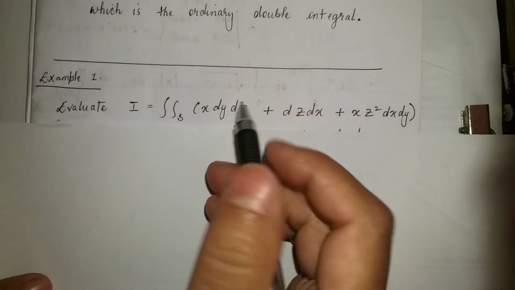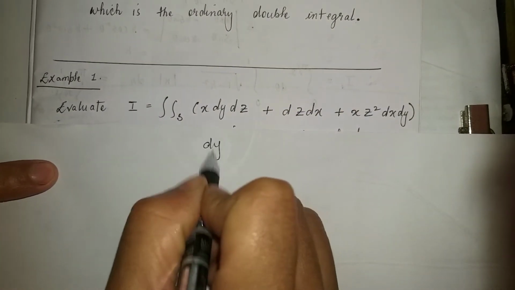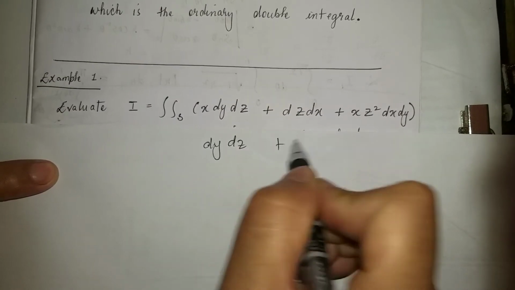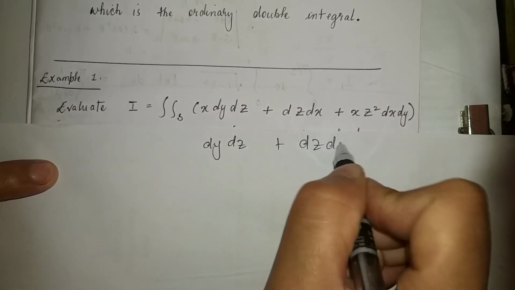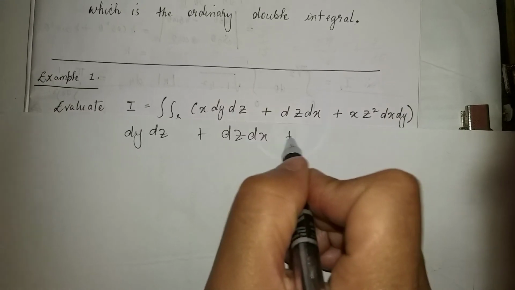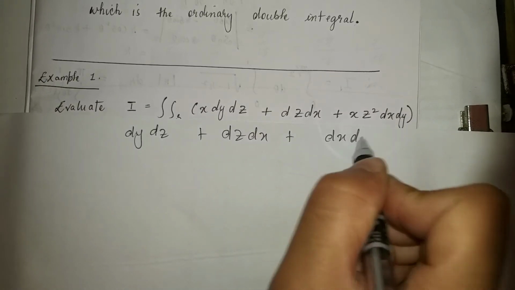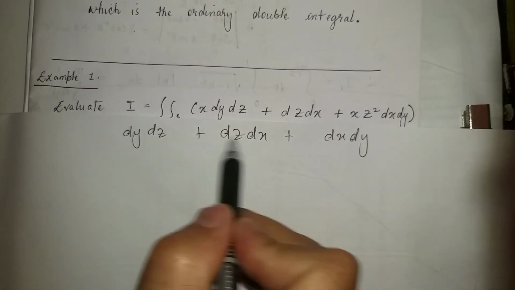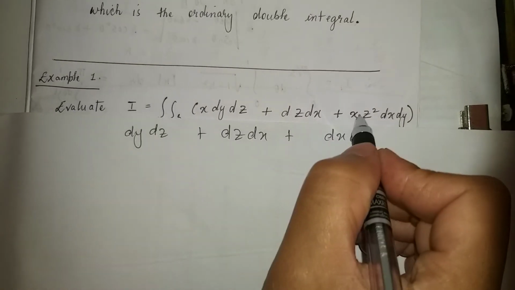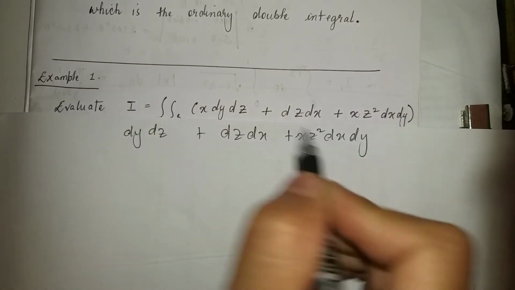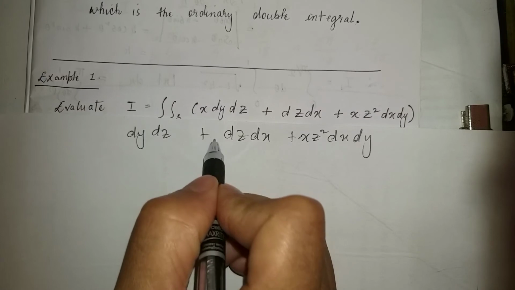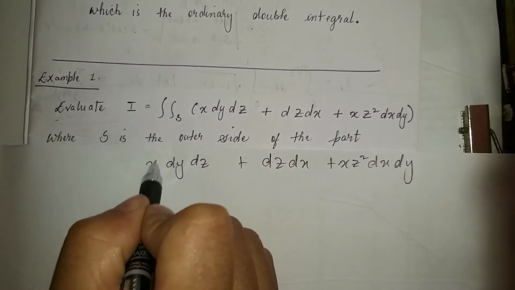Here we have the integral of x dy dz plus z dz dx plus x dx dy. Here it is xz squared, here it is 1, and here we have x.